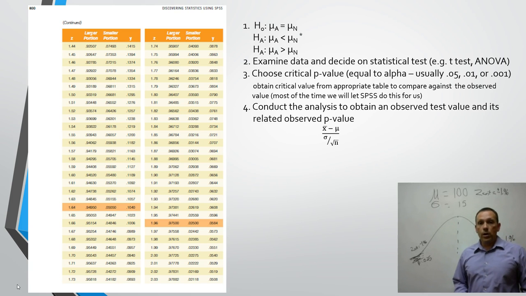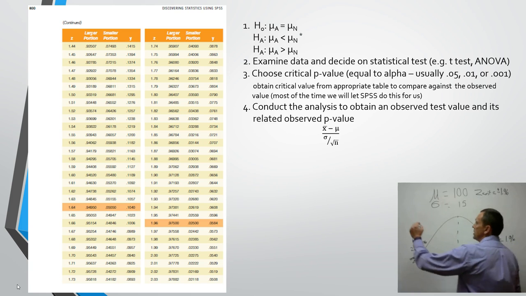The next thing we want to do is actually conduct the analysis. Normally we will let SPSS run this for us, but we want to walk through this by hand at least once, just so you see where these values are coming from. We're basically going to plug and chug numbers into this formula. We see X bar, which is our sample mean.